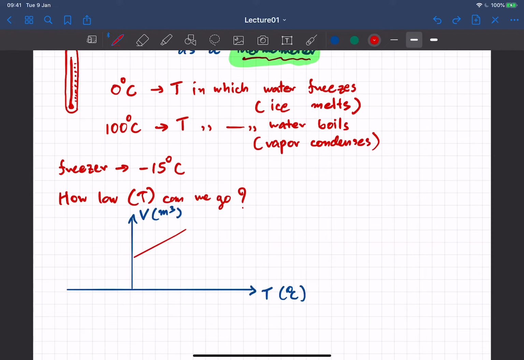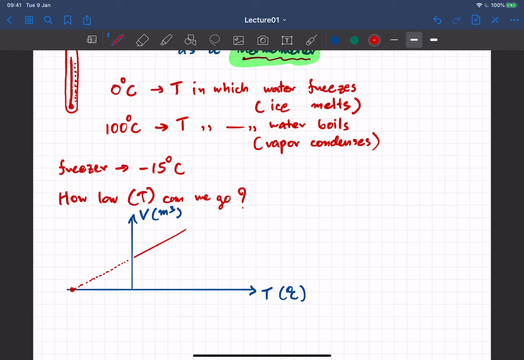If you can go lower, then you're going to measure the volume lower at lower temperature, right? So you do the experiment. You lower the temperature until the volume of the gas actually hits 0 at this point. It might not be possible to do this in real life because going to low temperature requires a lot of hard work.